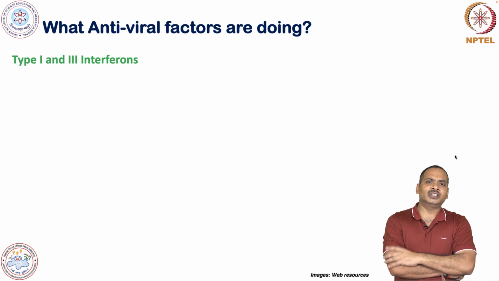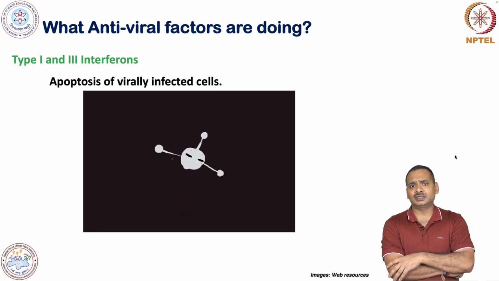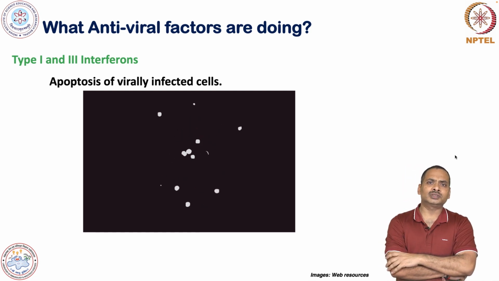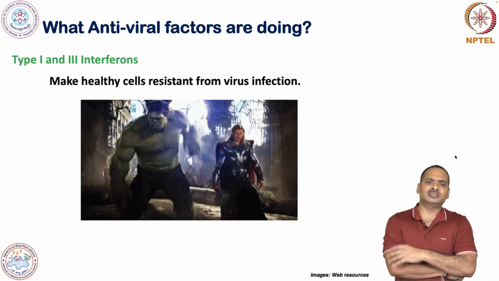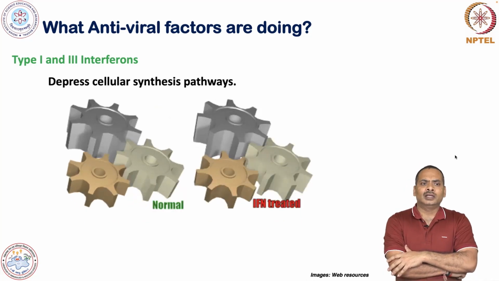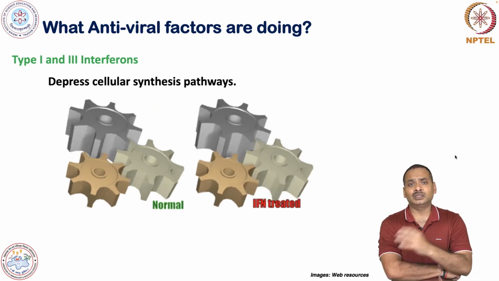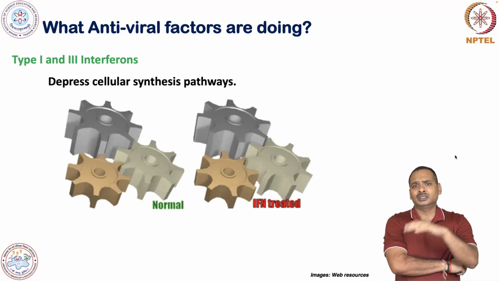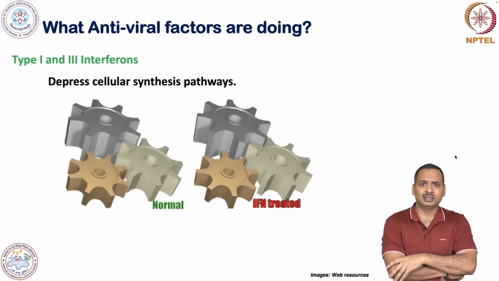Basically, type 1 and type 3 interferons induce apoptosis of virally infected cells. That is one of the key innate immune responses against viruses, making healthy cells resistant to virus infection. They depress the cellular synthesis pathway: if you treat the cells with type 1 interferon, there will be a decline in metabolic pathways in the cell.